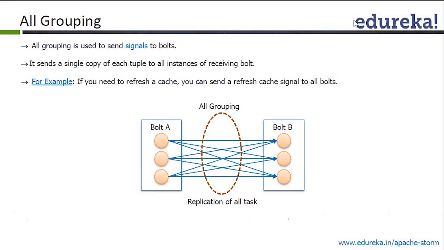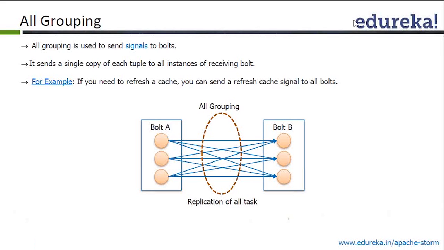If you have to do that, so that next time, unnecessarily, probably this time your name is in the blacklisted node, next time it might not be in the blacklist. So your configuration or your lookup files have to be refreshed over a period of time. This is where the concept of all grouping will come.